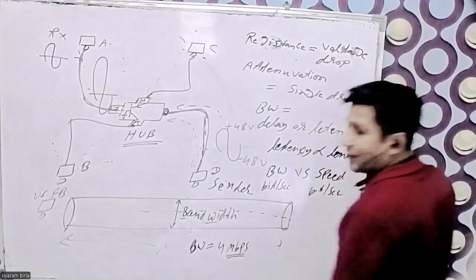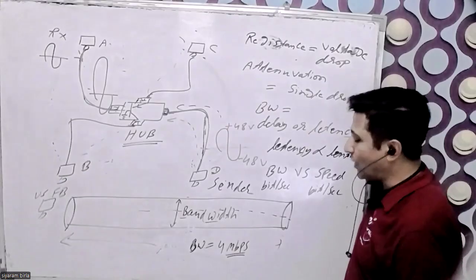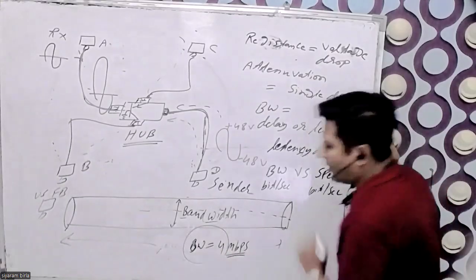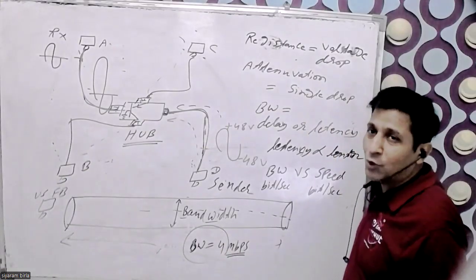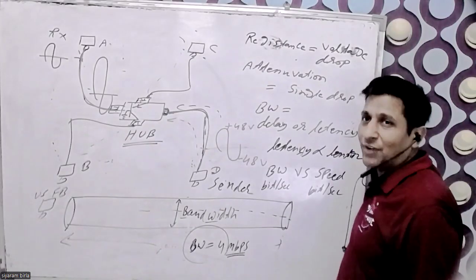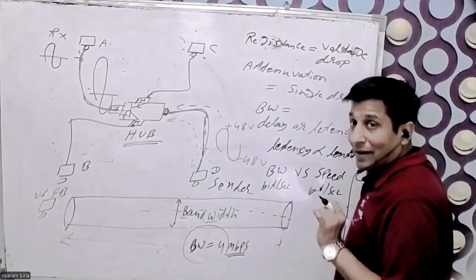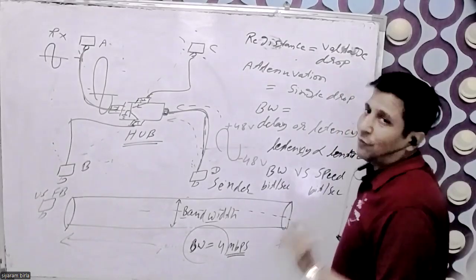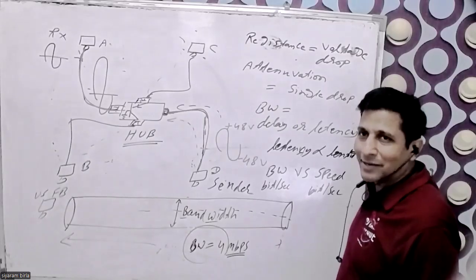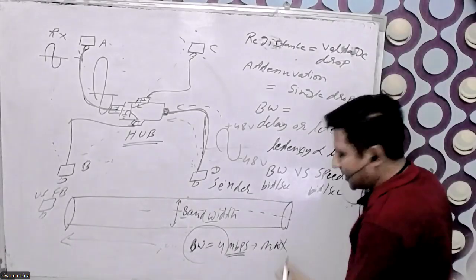Mbps is the unit, and I will also explain what Mbps is. Right now I ask for 4 Mbps bandwidth. It's fixed. Fixed means it's the maximum capacity. The ISP doesn't allow speed above 4 Mbps. That is the maximum capacity.